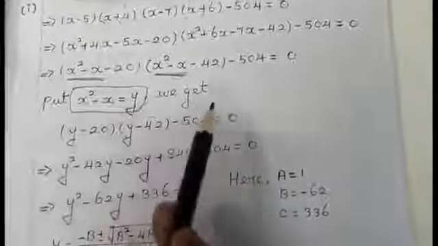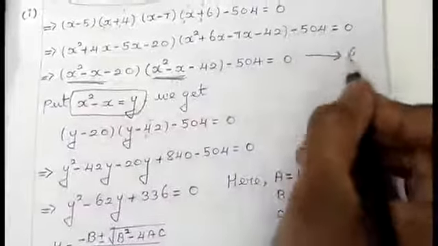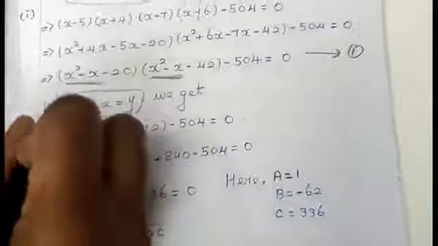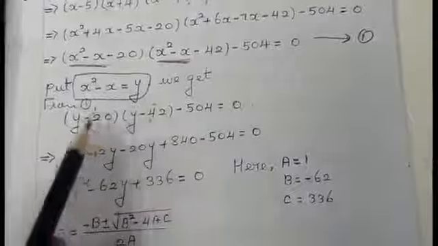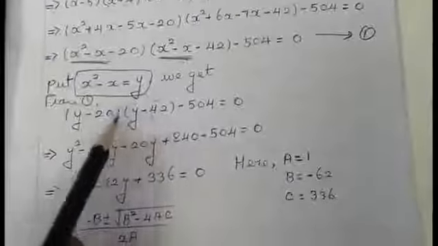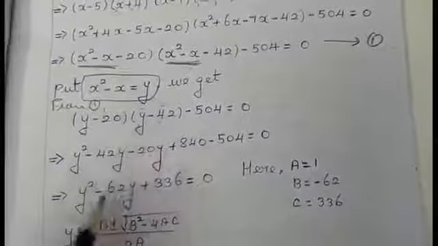Let me mark this as 1. If I write it, I will be getting y minus 20, y minus 42 minus 504 equal to 0. Again, if you multiply these 2 factors, you will get it in the form of a quadratic equation.